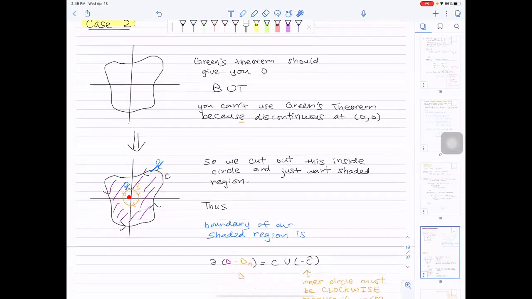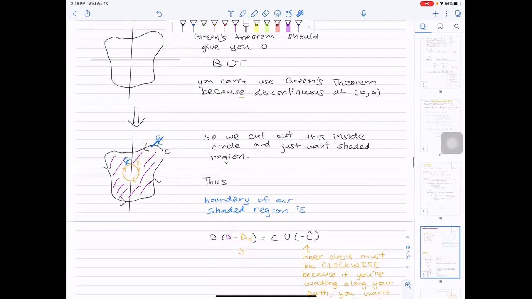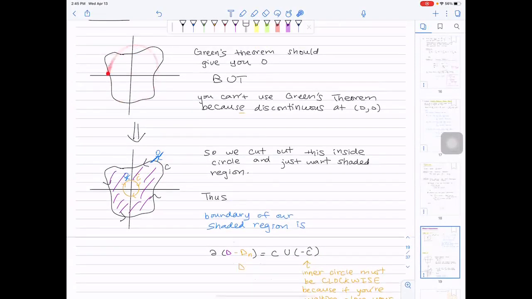That's fine, because this is just something else we're doing so that we can find this integral. So yes, if you're given this second picture just as it is, you can't use Green's theorem. But because our actual question is to find this integral, we try other strategies, and that other strategy is just cutting a hole. The point of this is just to show you what this top integral ends up being, which is 0.